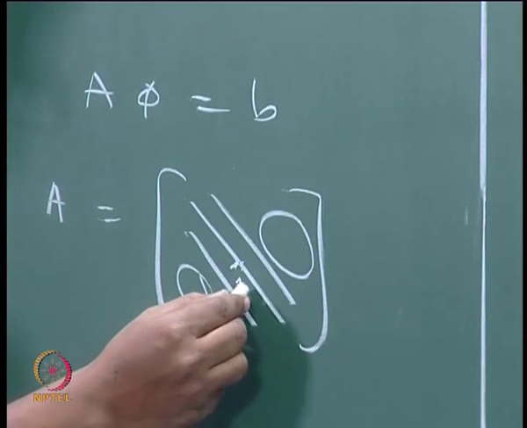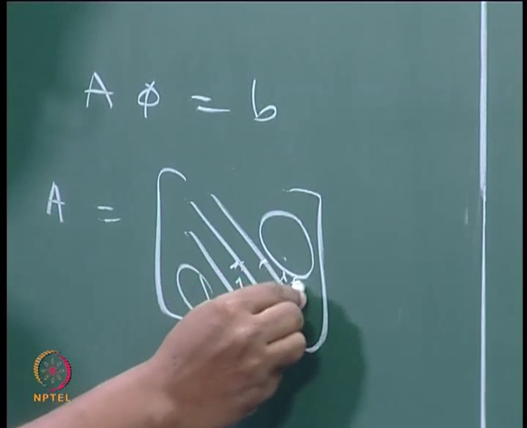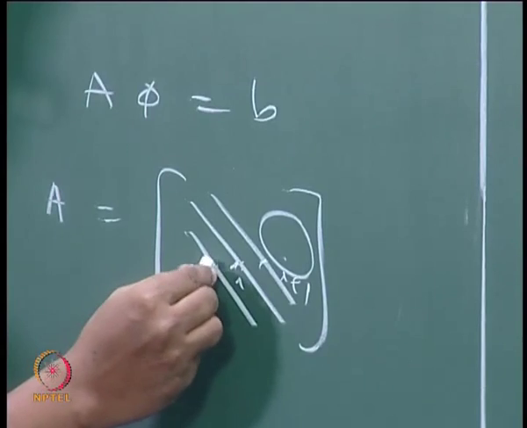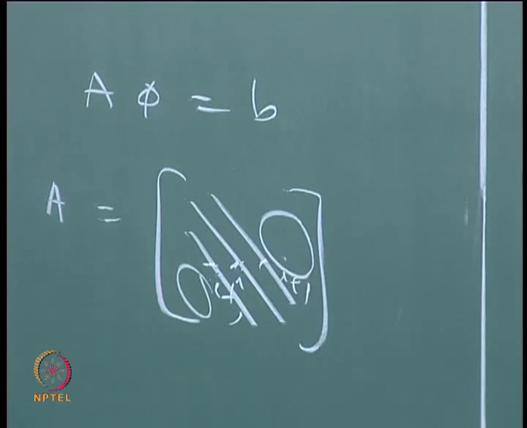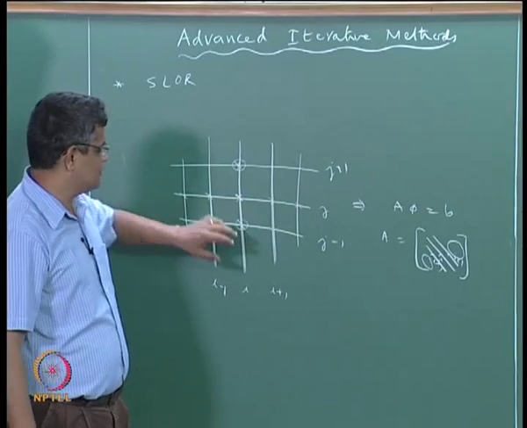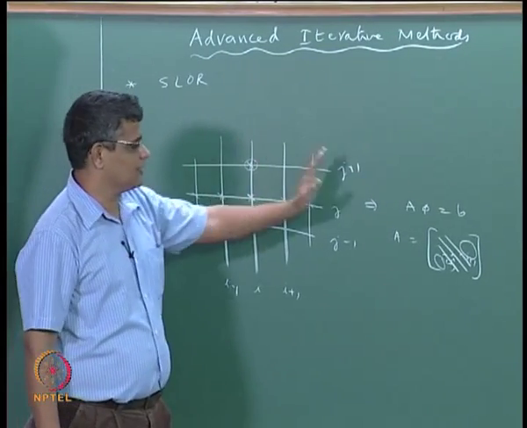So if this is ij, and this will be i plus 1 j, and this value here is i minus 1 j, and in this case the j does not appear because j is an assumed value, it goes on to the right hand side.